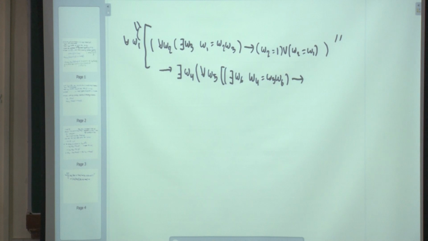Whenever there's an A that divides P, A is equal to 1 or P. For all W2, if there exists a W3 such that W1 is equal to W2 times W3, which means W2 divides W1, then W2 is either 1 or W1.